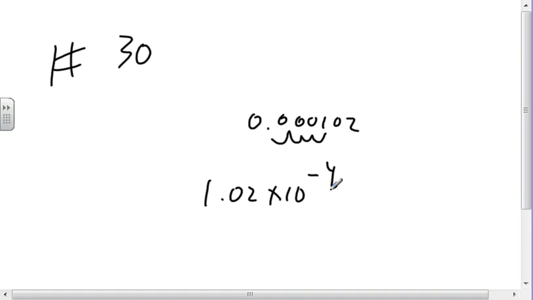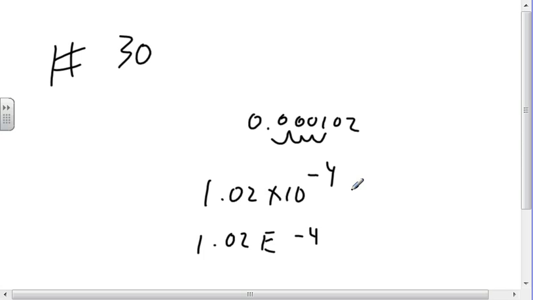But my calculator is in scientific notation because I put it there. 0.000102. And my calculator gives me 1.02 e minus 4. Same answer.